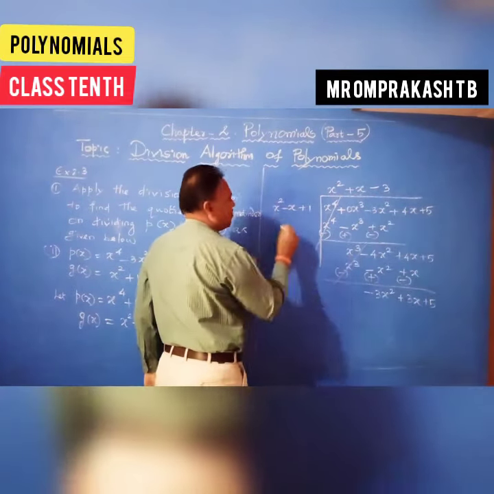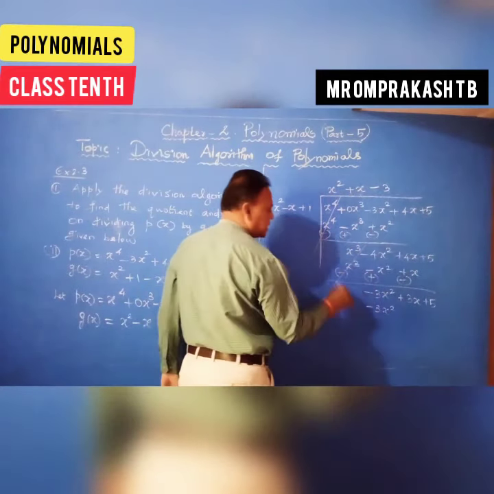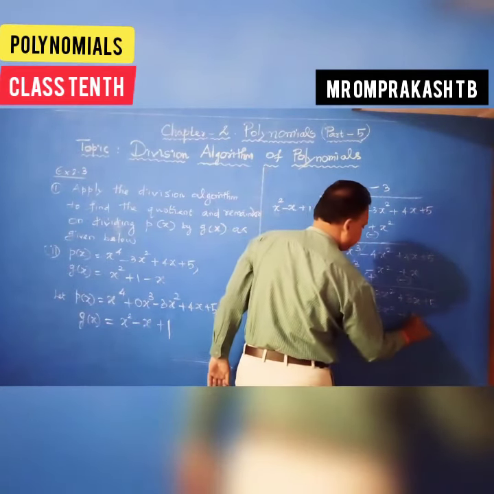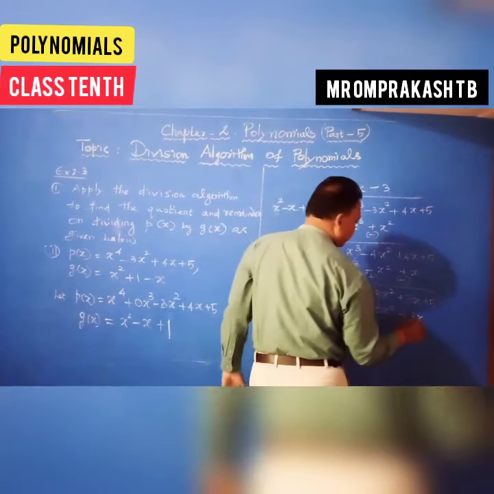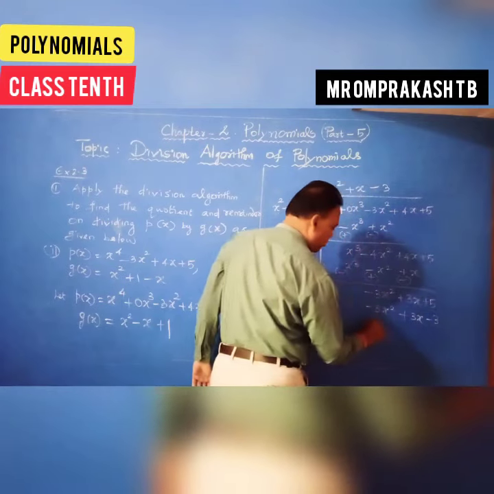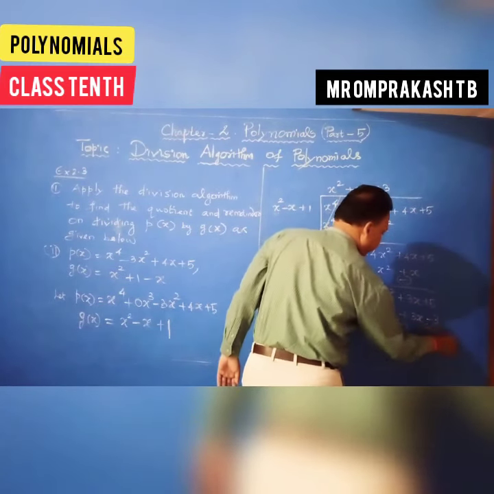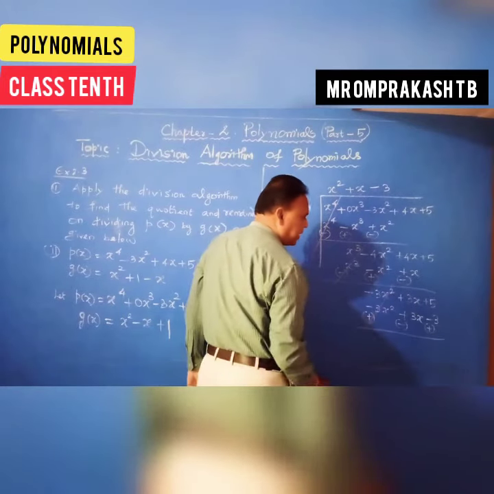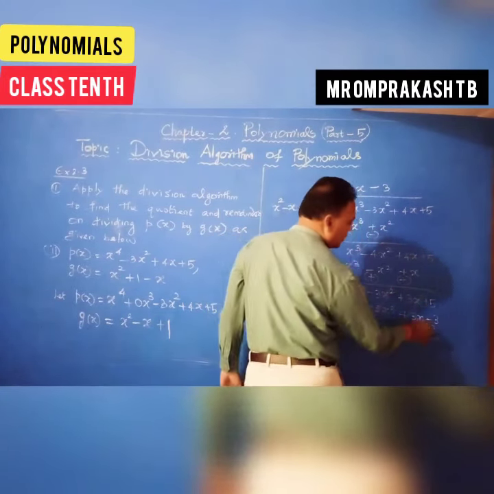What you will get? Minus 3x squared, minus, plus 3x, minus into plus 1, minus 3. So now again change the sign. While subtracting, always change the sign. So here this will be eliminated. This also the same, 1 plus 1 minus, same means eliminate. So what you will get? 8.